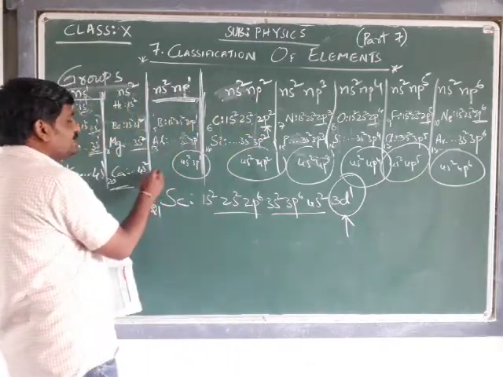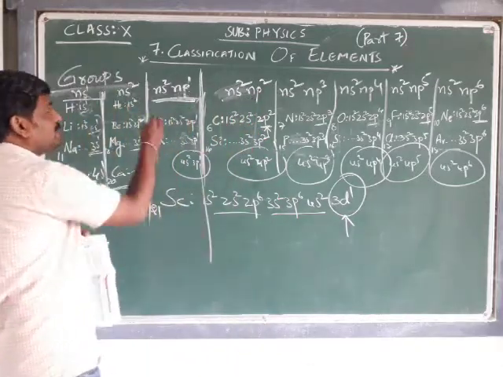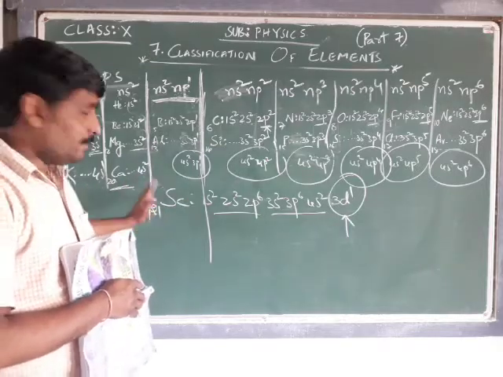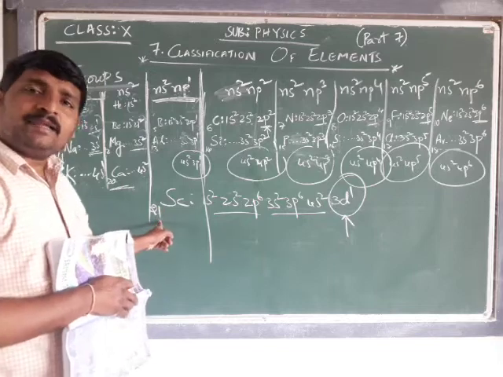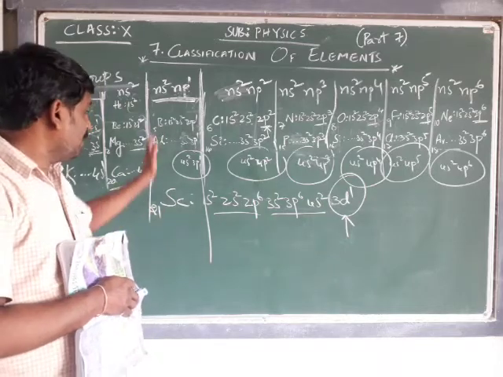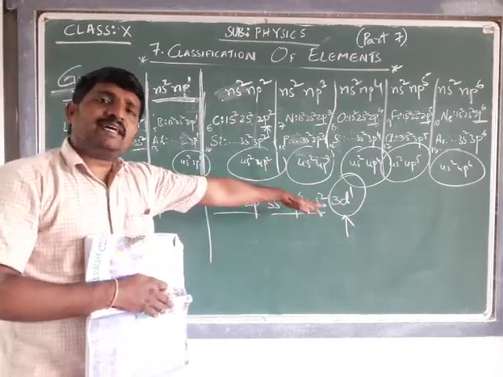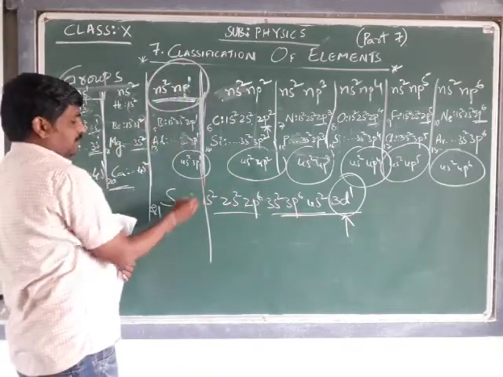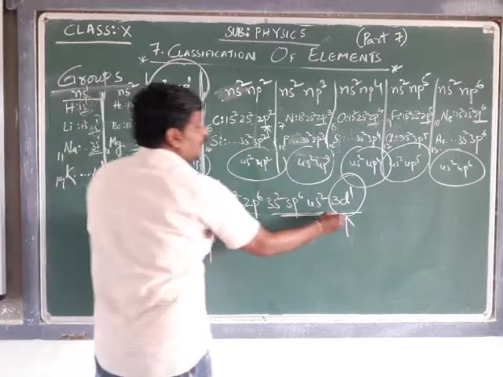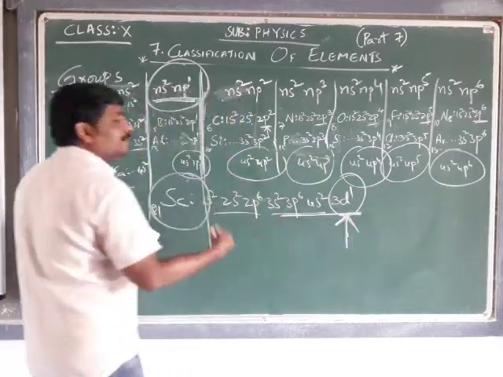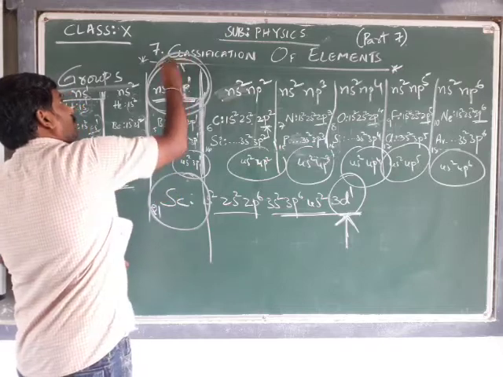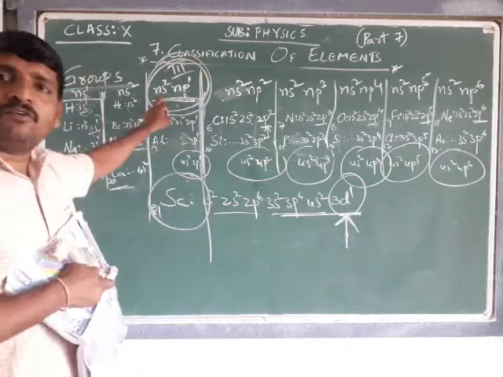If I keep this scandium, according to the atomic number, after 20 should come 21. But according to the configuration, the general formula is not matching with scandium. The scandium differentiating electron is not matching with the general formula of the third group.